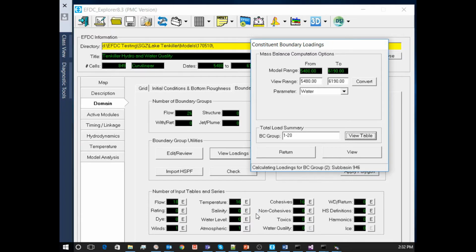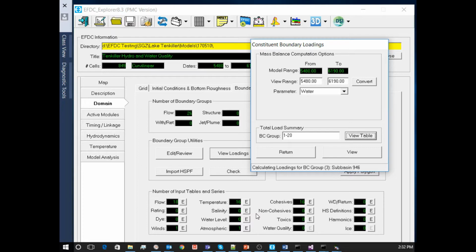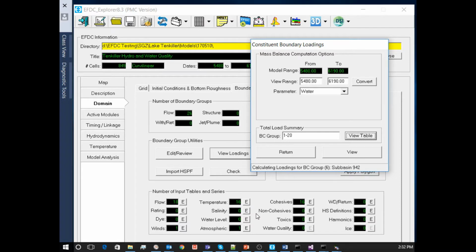It may take a little while, but it's going through and calculating the total mass loading for water, because that's what I currently have assigned. But it'll also tell me any other constituent I'm simulating, and gives you that big picture perspective of what is actually contributing to the major loading in this system.